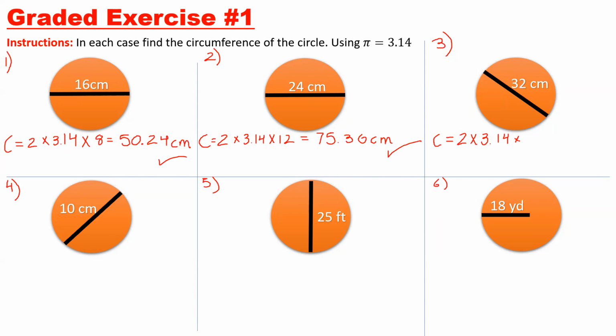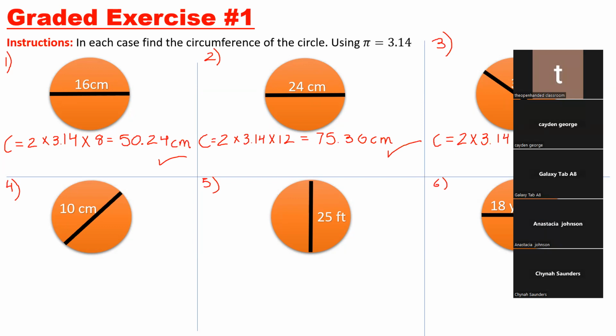So 32 divided by 2 is going to be 16. And that's going to be equal to what? 100.48. 100 point what? 48. Yes, sir, you're right.